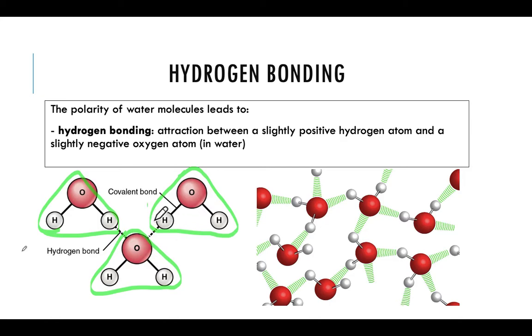But because we have the positive charge of the hydrogen and the negative charge of the oxygen in the next molecule, this hydrogen is actually attracted to this oxygen. And that attraction forms a hydrogen bond between these molecules, and that allows the molecules to sort of stick together and hold on to each other to create cohesion and adhesion.